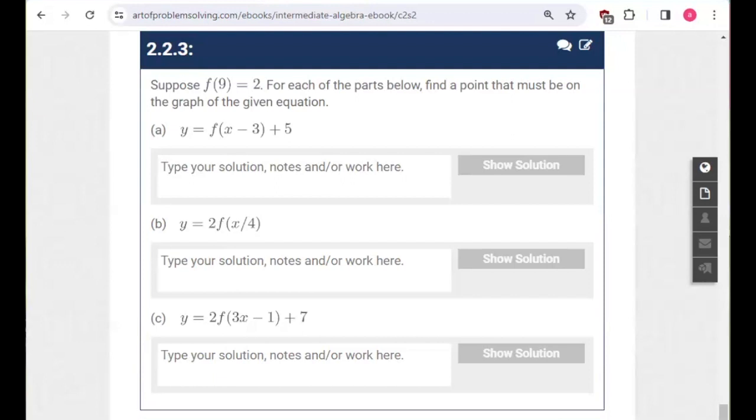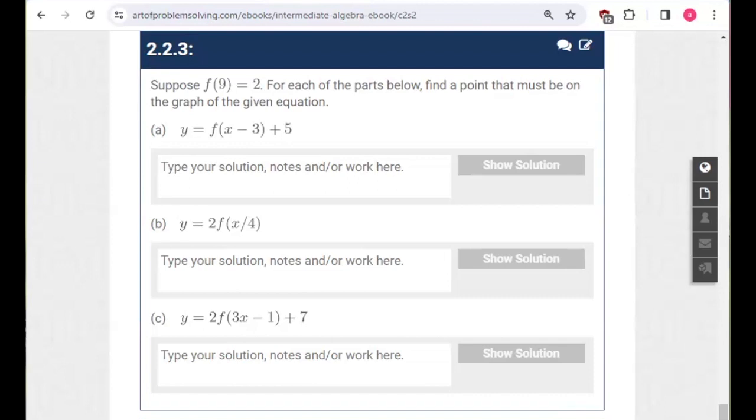0. What does your 2 affect? Your X or your Y? It affects your Y. What does your 1/4 affect? Your X. Yes? Okay. So 9, 2. Now, it's 9 and it's divided by 1/4.